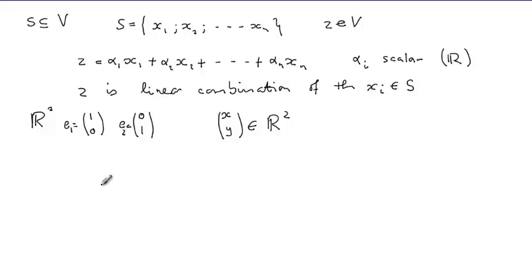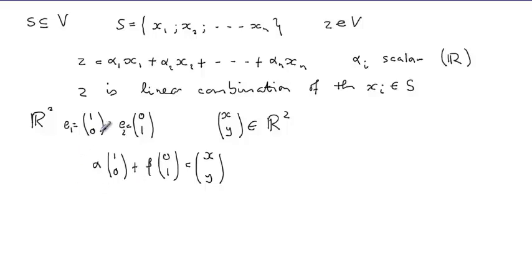In other words, we can find numbers alpha and beta such that alpha times (1, 0) plus beta times (0, 1) equals any vector (x, y) in R2. Any vector of R2 can be produced by a linear combination of these two.